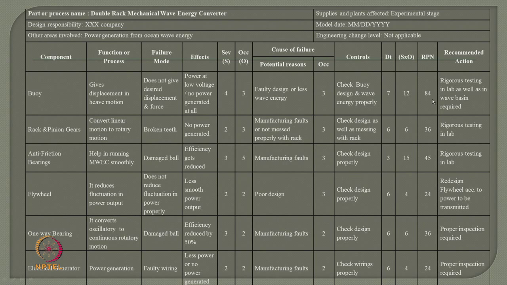So if you do the FMEA analysis for a given set of components of a mechanical system, it is easy for all of us to understand how the failure will be sequentially initiated in a given system. Therefore, we can always place the recommended actions. For example, in this case, reverse testing is recommended in the lab on a scaled model before the product is released for production.